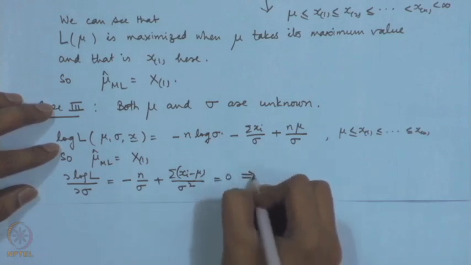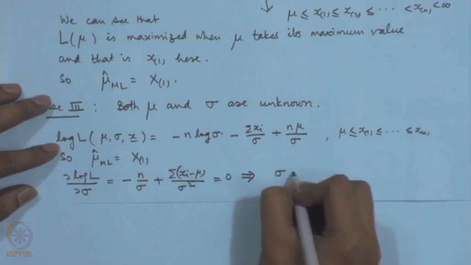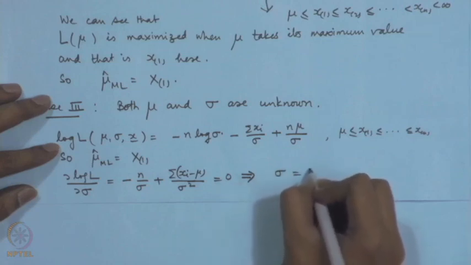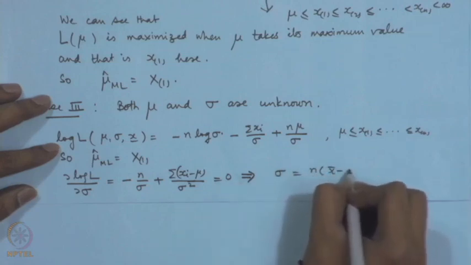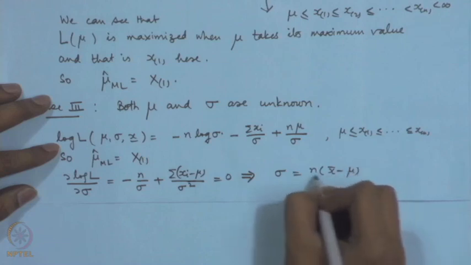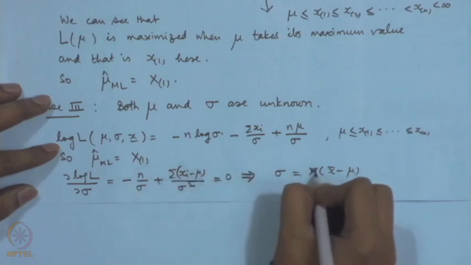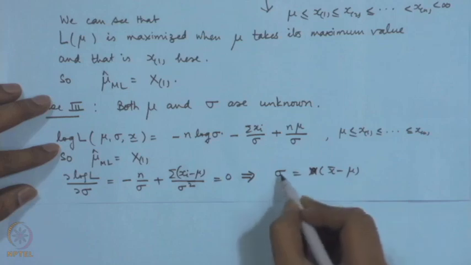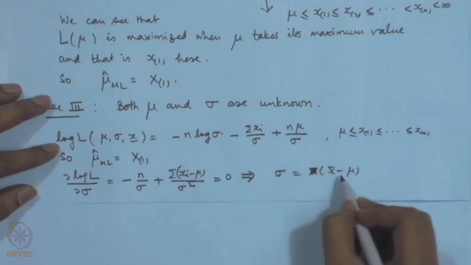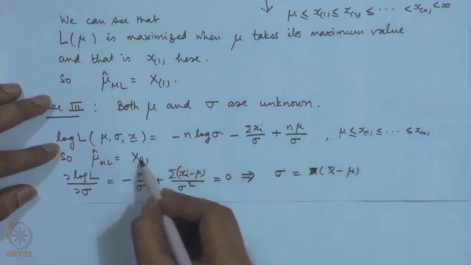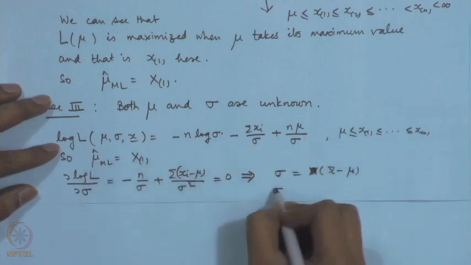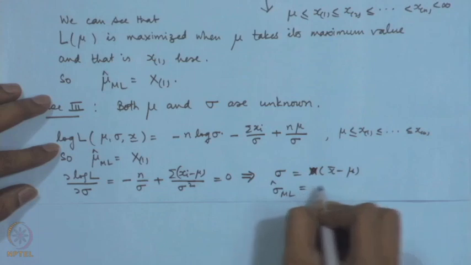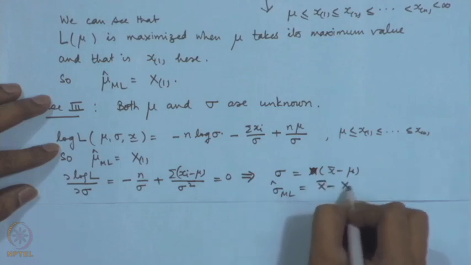If you put this, you get sigma is equal to n times x bar divided by n, so this n gets cancelled out. So, the maximum likelihood estimator for sigma will be obtained by simply replacing mu by mu hat ML. So, sigma hat ML is equal to x bar minus x_1.